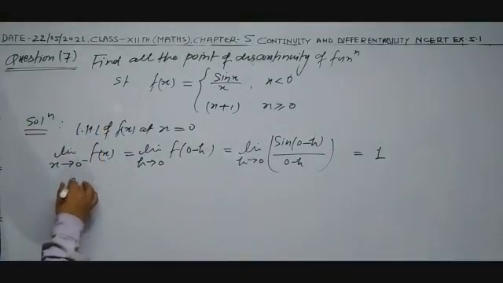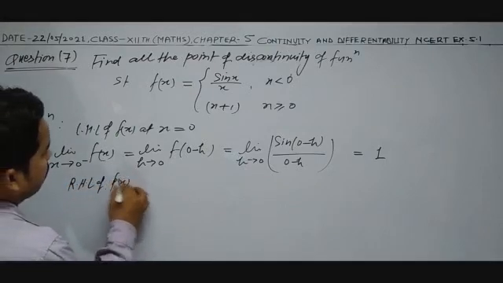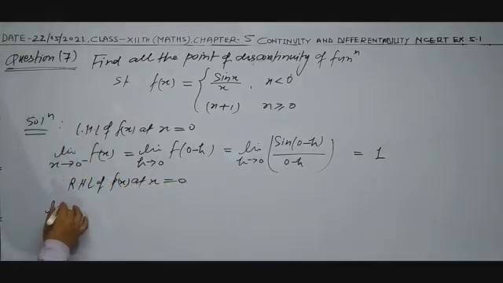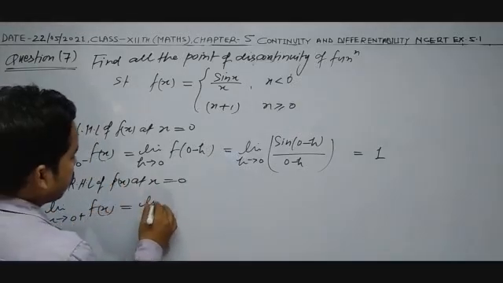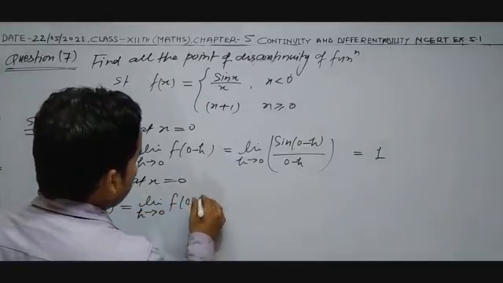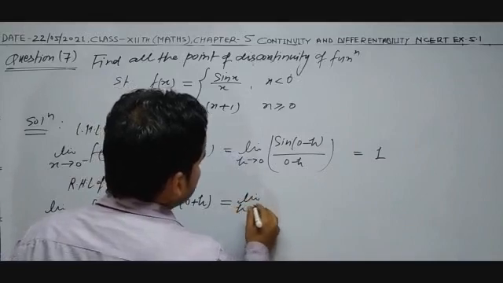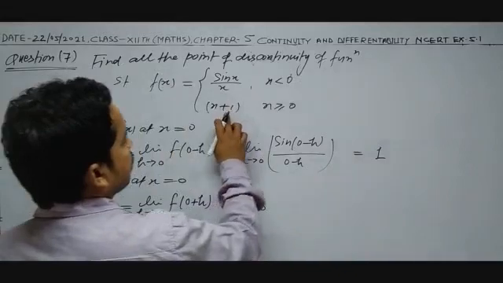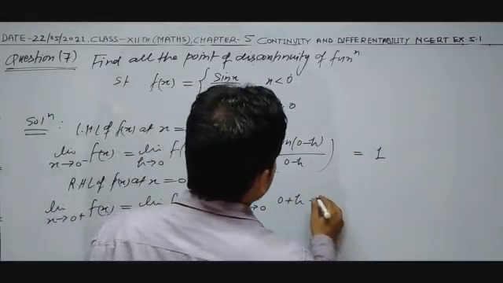Similarly RHL of f(x) at x is equal to 0. So limit x tends to 0 plus f(x) is equal to limit h tends to 0 f(0 plus h), and its result will be, for the right hand limit at x is equal to 0, 0 plus h plus 1.